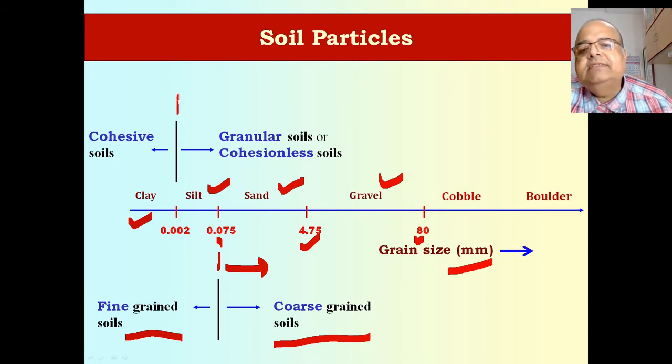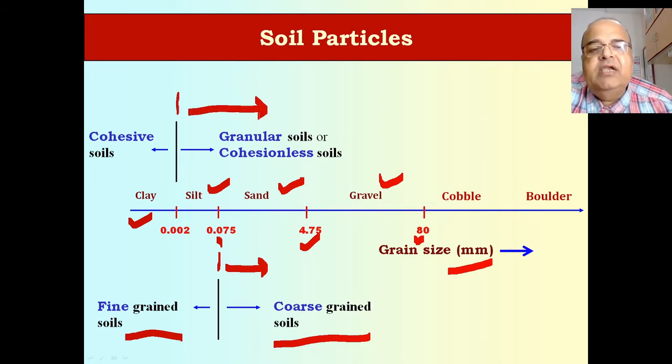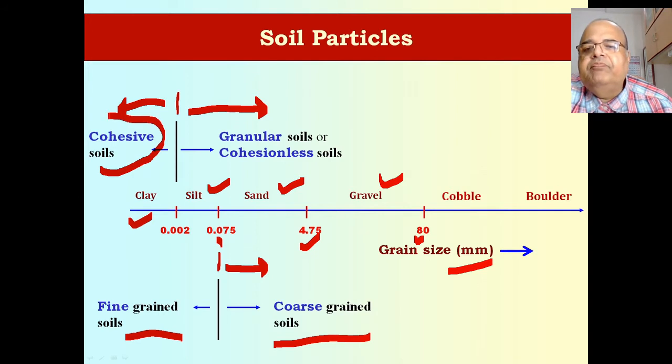With respect to the size 0.002 mm, particles bigger than that are termed cohesionless soils or granular soils, and particles smaller than 0.002 mm are termed cohesive soils. The plasticity we are discussing is generally observed in cohesive soils only when they are wet. Now let's understand what really happens in the cohesive or clay soils.